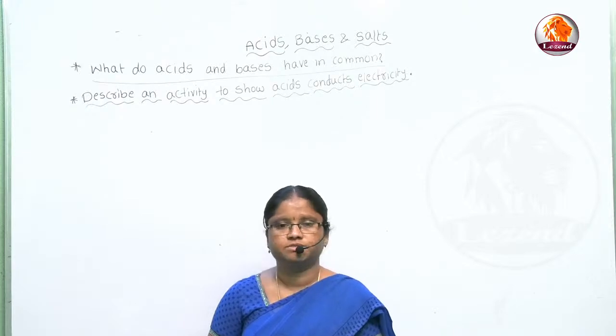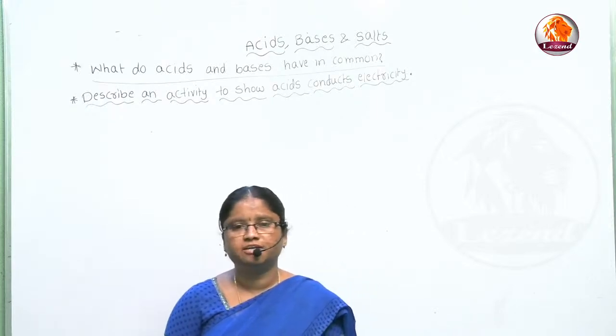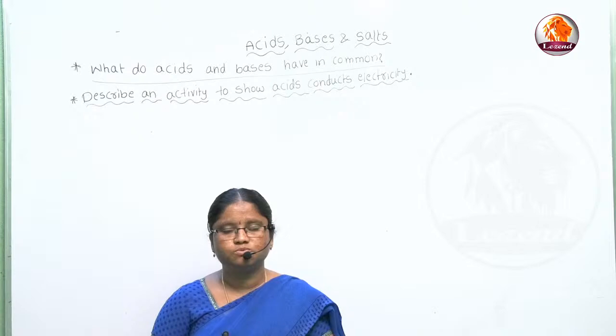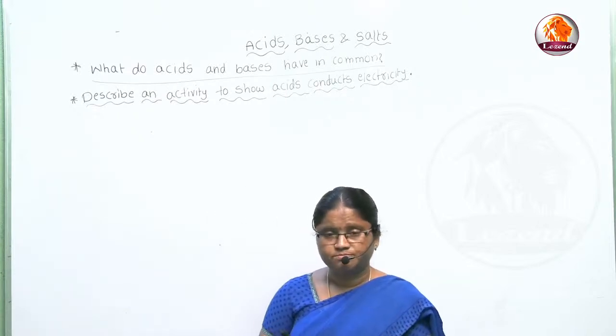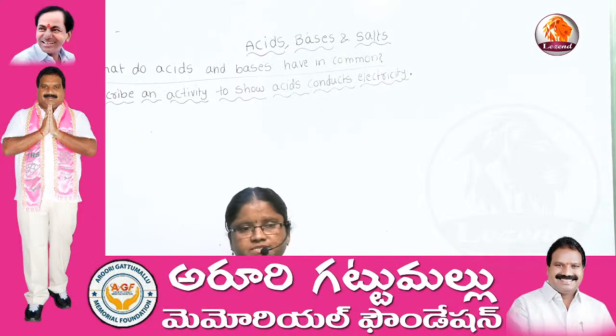So now today's topic is: what do acids and bases have in common? Meaning, what element is common in acids and bases. If you observe our previous activities on the chemical properties of acids and bases, the reaction of acids and bases with metals liberates hydrogen gas.